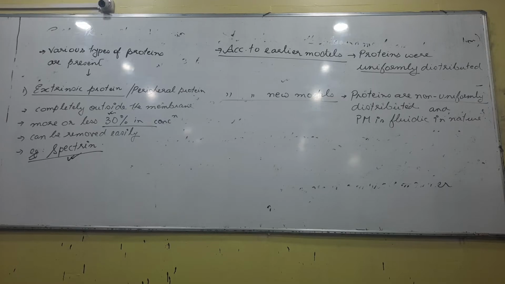Some of them outside the membrane, some of them embedded within the membrane, and some are called carrier proteins. So we are talking about those proteins that are completely outside the membrane, that's called extrinsic. Concentration to monod rakhiba, more or less 30%, and they can be easily removed. Just one example is important, that is spectrin. Question kya hai?